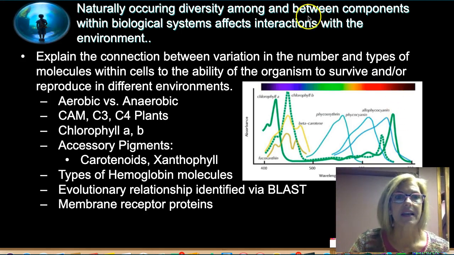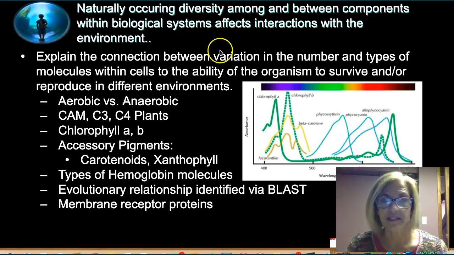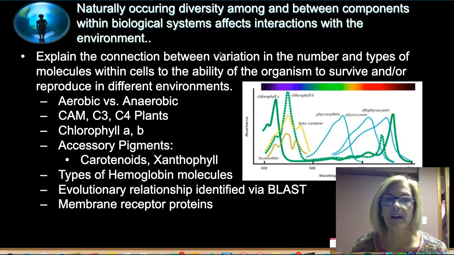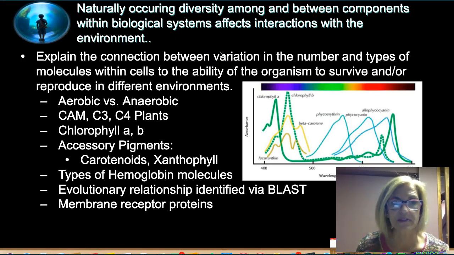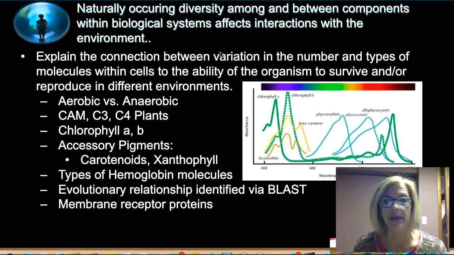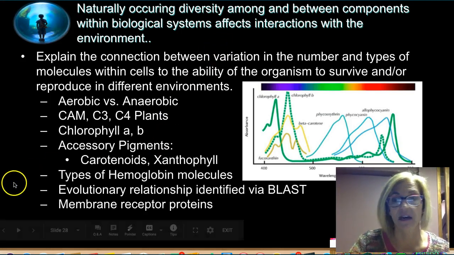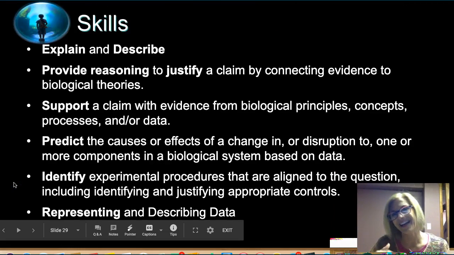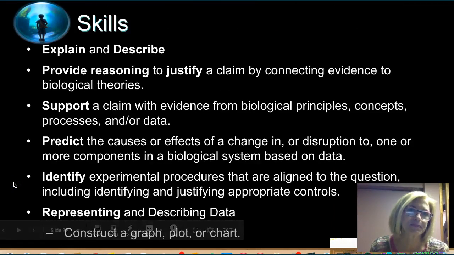So we're looking at how molecules within the cells affect the ability of organisms to survive in their environments or reproduce. Also membrane receptor proteins, right? Those membrane receptor proteins might be receiving signals, ligands, that turn different processes on within the cell, including cell reproduction.